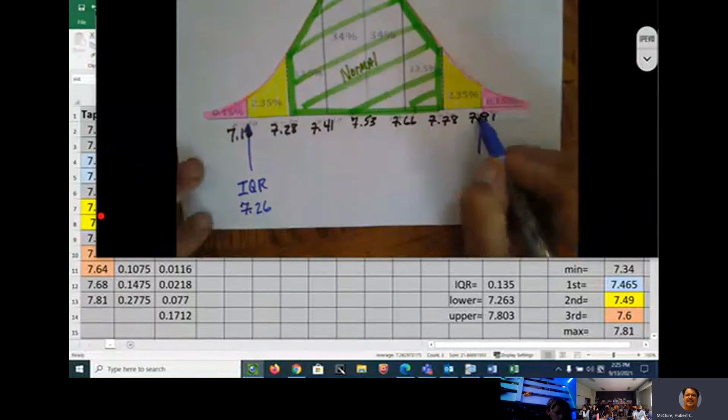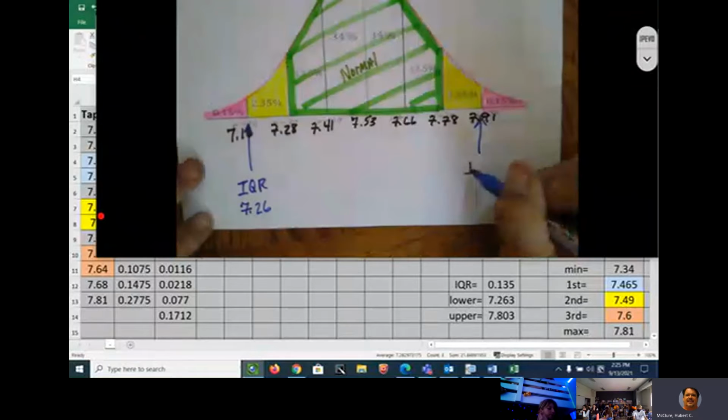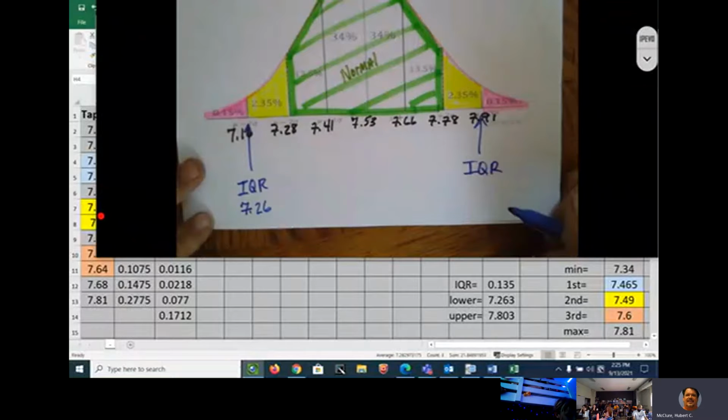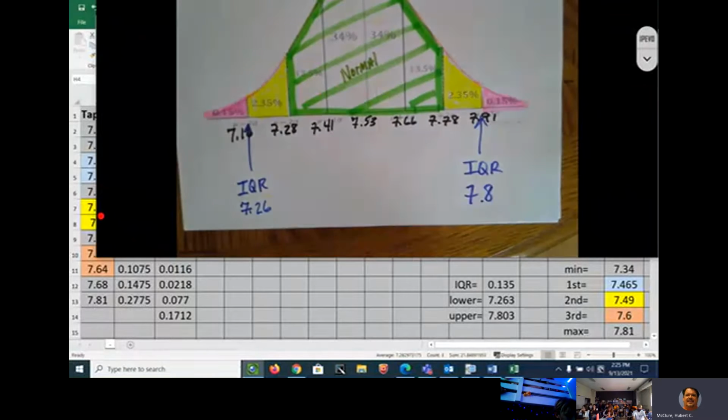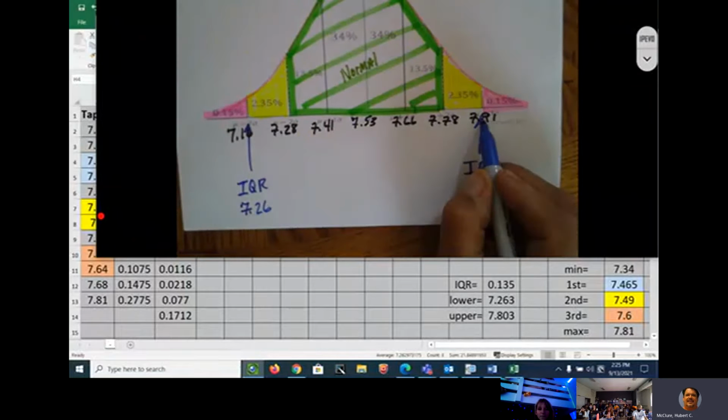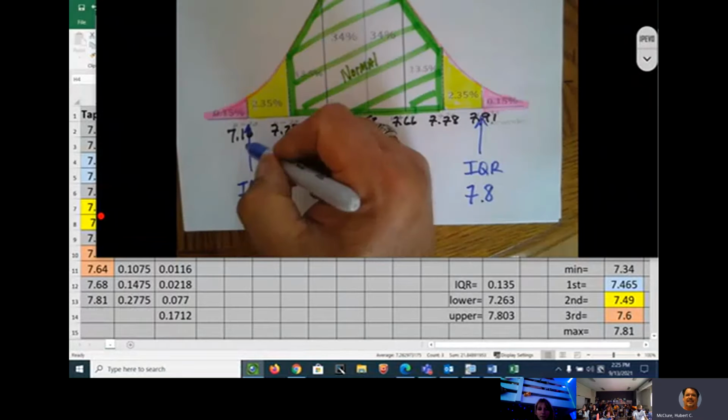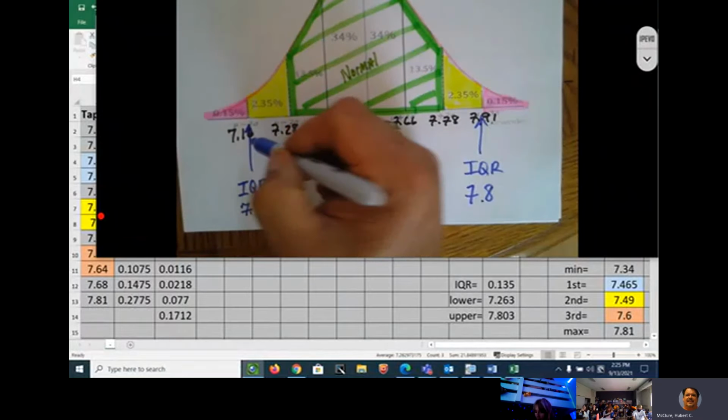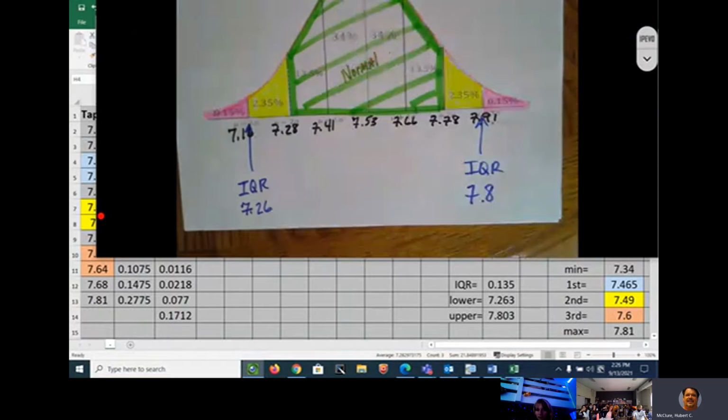And the interquartile range says this number should be 7.8. And as you can see, they're not too far off. This is 7.91 and this is 7.16. So they're not far off.